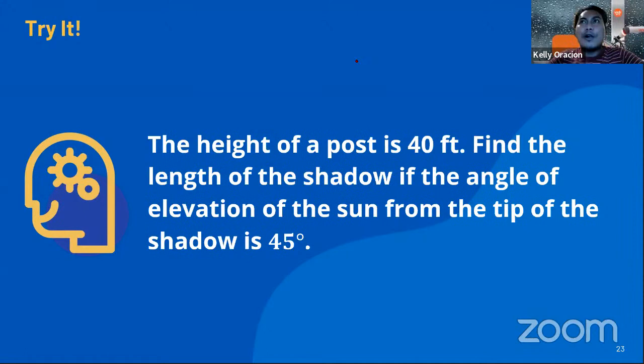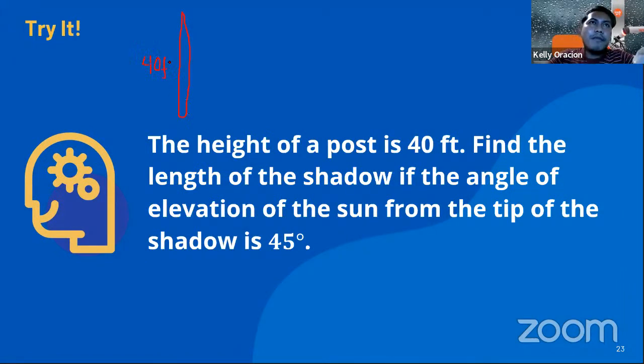Okay, let's solve this one. The height of a post is 40 feet. Let me draw. Ito yung poste ng kuryente.